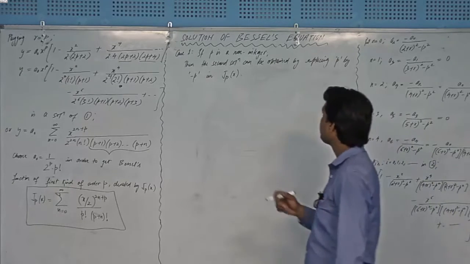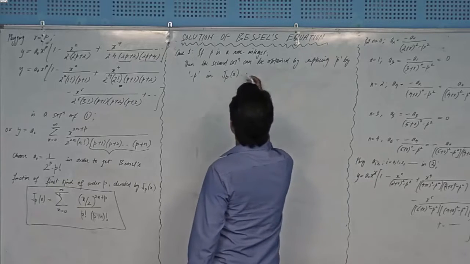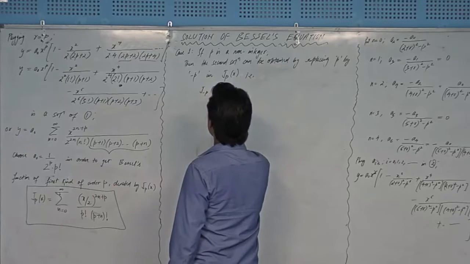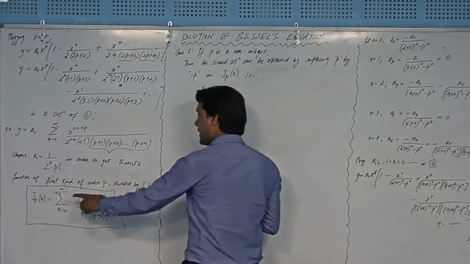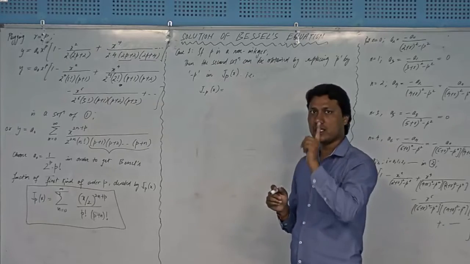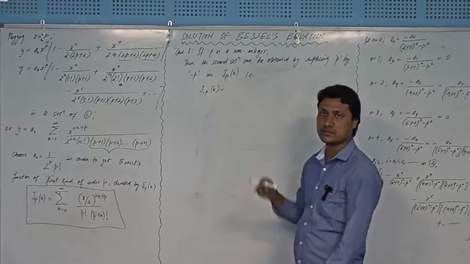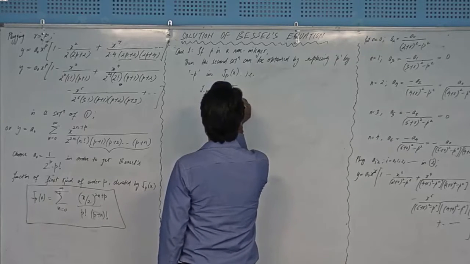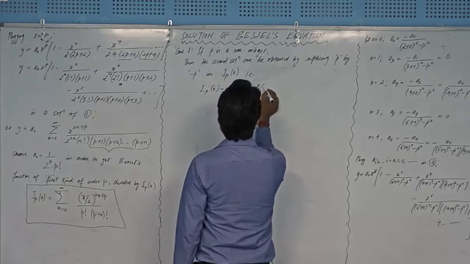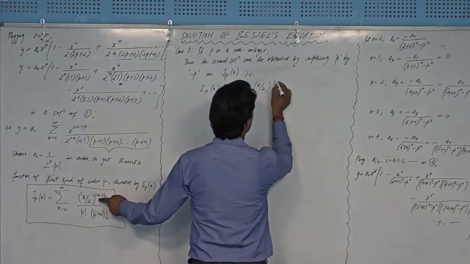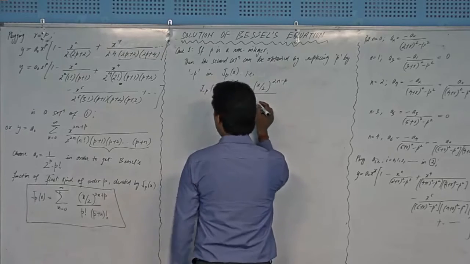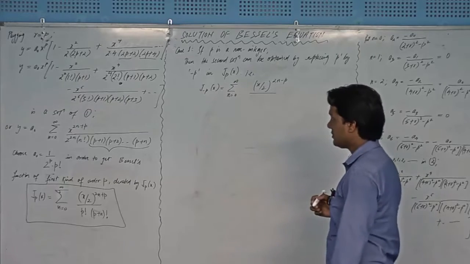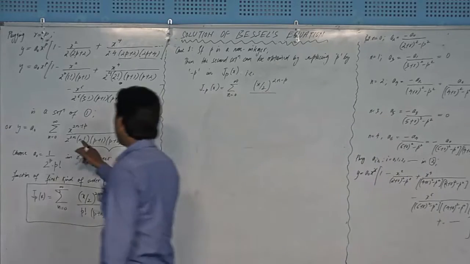And I will show that the second solution can be obtained with p replaced by minus p, that is J_{-p}(x). This replacement is possible if and only if p is a non-integer. Summation n equal to 0 to infinity, and x by 2 to the power 2n plus p; now I will have 2n minus p, divided by, and here you have, I think I have missed something, it should be n factorial.